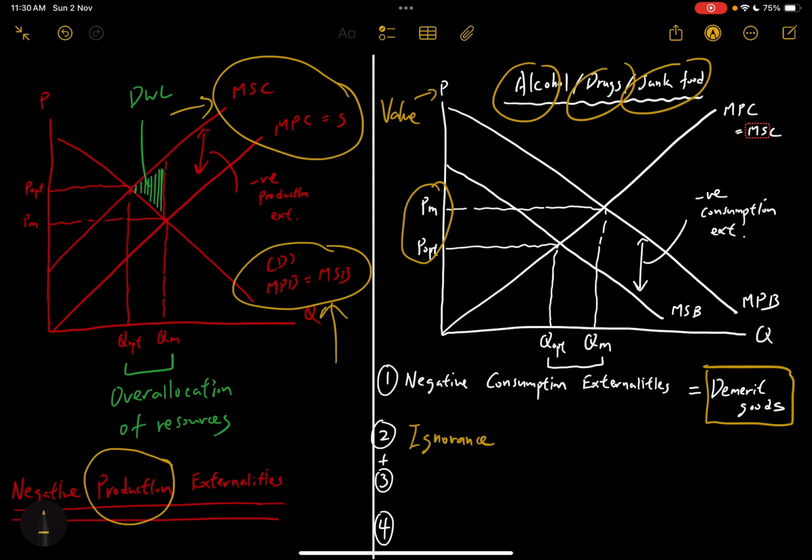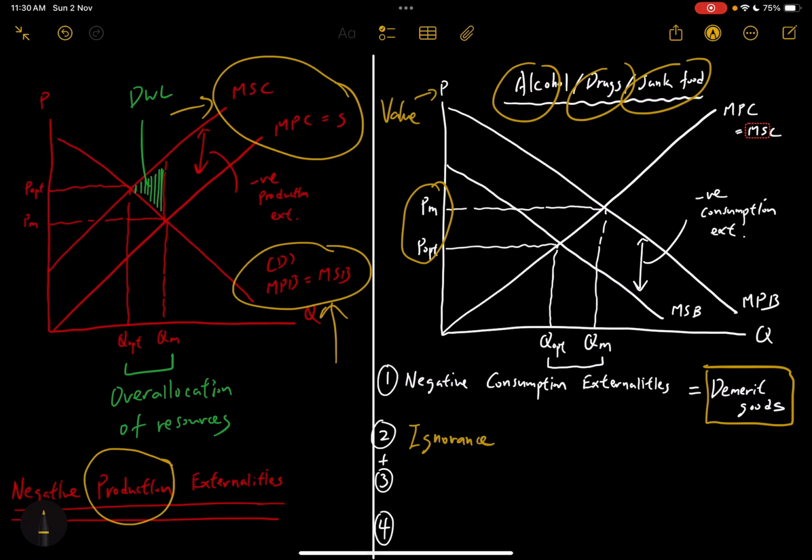From the diagram, you can see immediately what is going on. Obviously, from the individual perspective, people see a bigger value when they're consuming junk food, the so-called demerit goods.